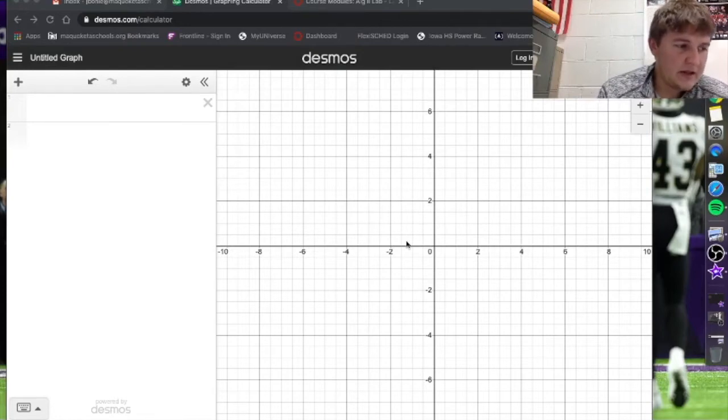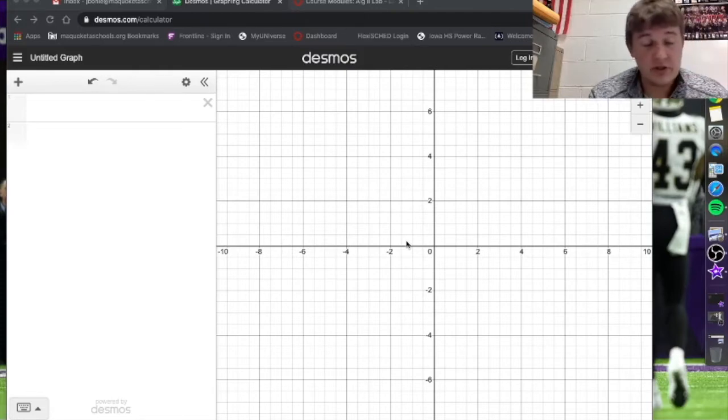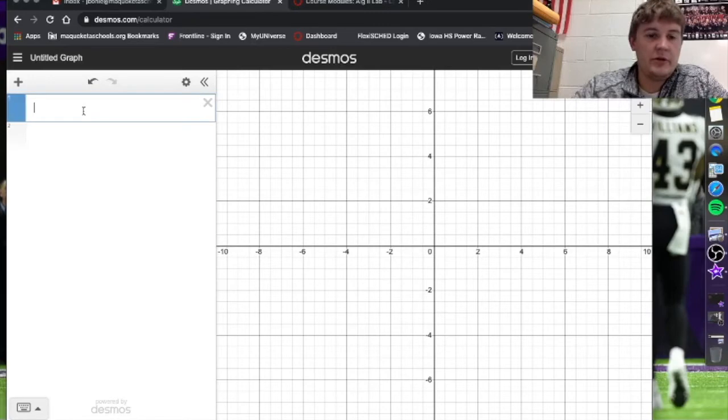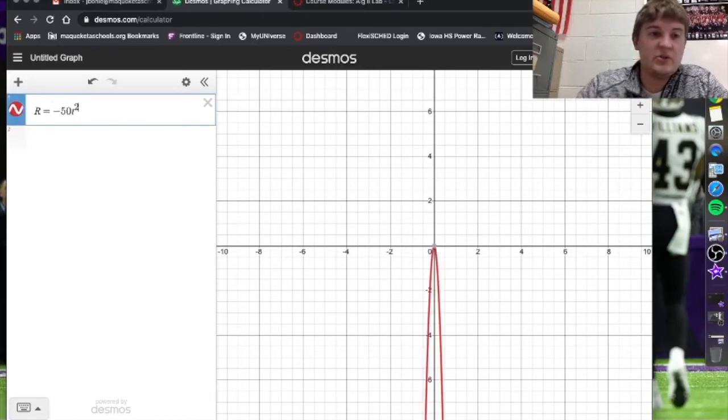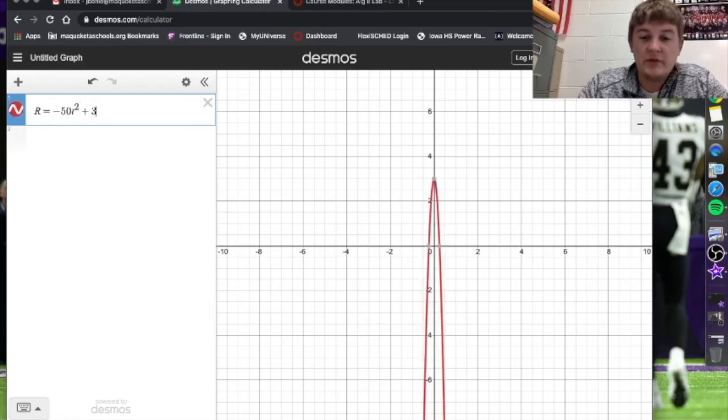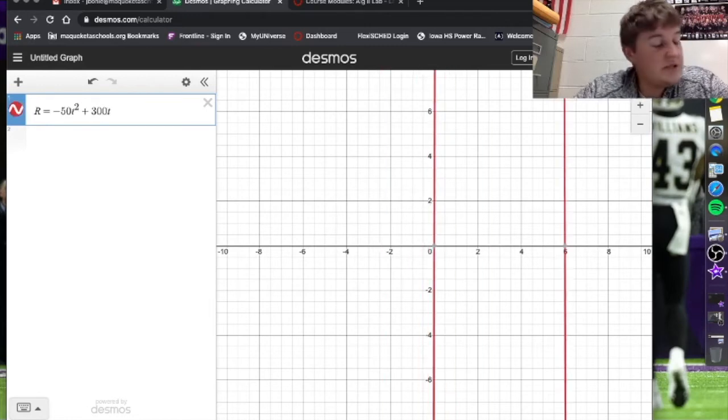So essentially what we can do is write two functions into Desmos, and all we're going to do is see where they cross. My revenue R is equal to negative 50t squared plus 300t. This red graph is my revenue function.